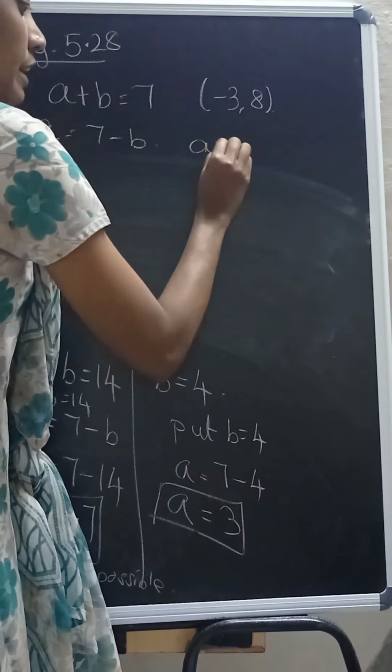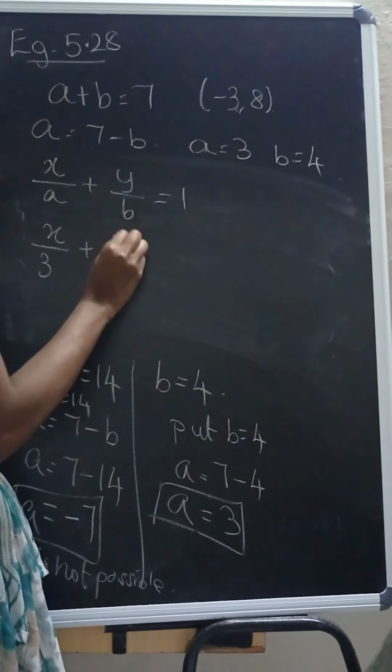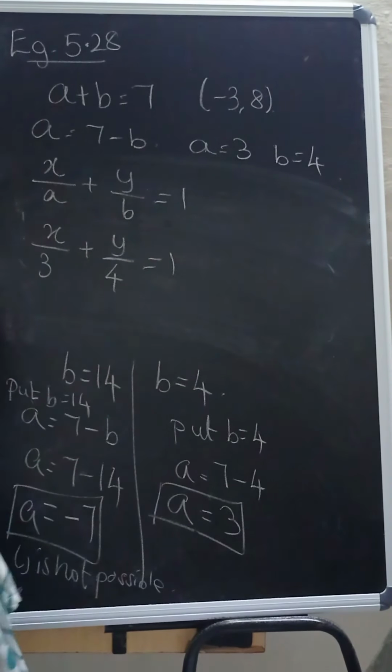Now what is the equation of the straight line? x/a + y/b = 1. Substitute the values. x/3 + y/4 = 1. So (4x + 3y)/12 = 1. Take LCM. 4x + 3y, when you cross multiply you get 12 here. So 4x + 3y - 12 = 0. This is the equation of the straight line.